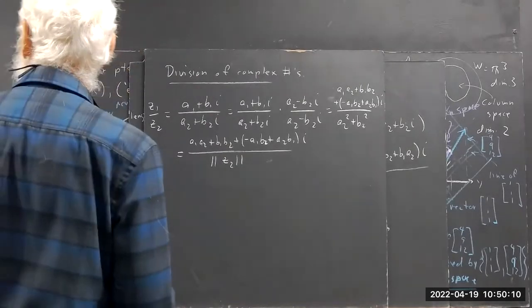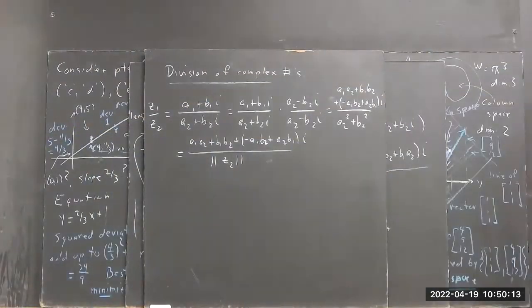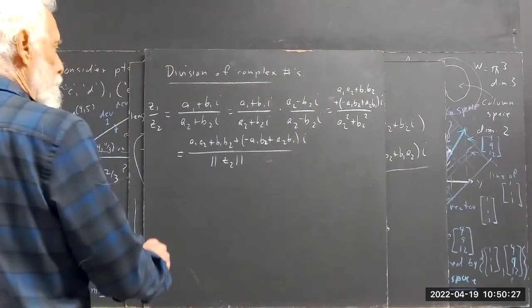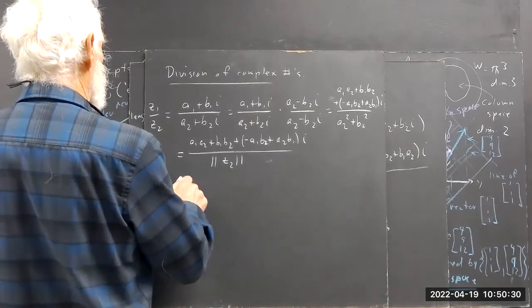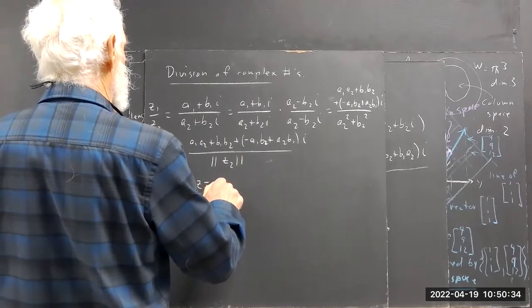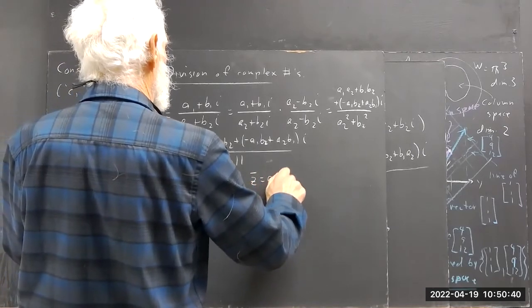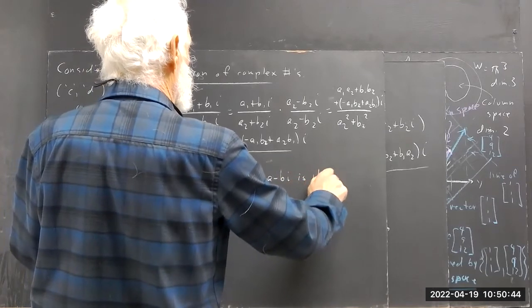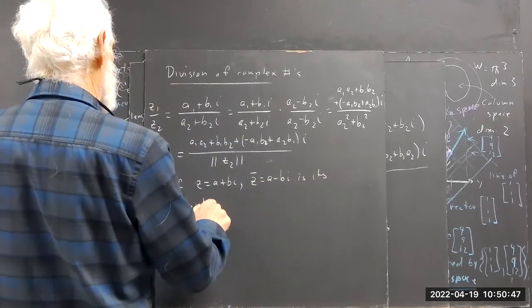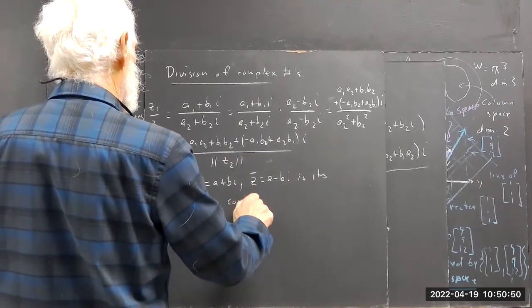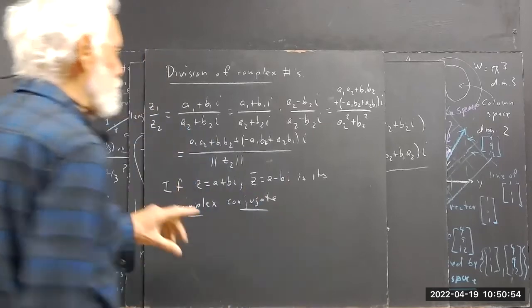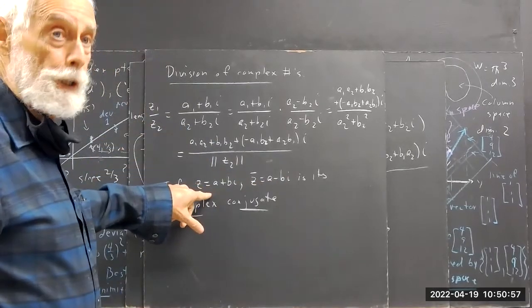Okay, I'm not going to try to illustrate that because we're just about out of time. Z bar, which is A minus Bi, is the complex conjugate of this.